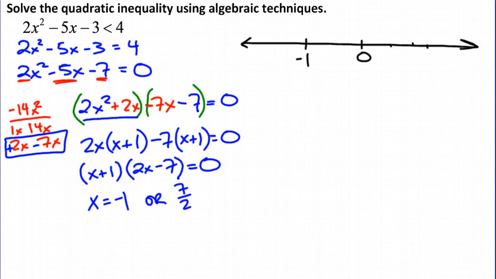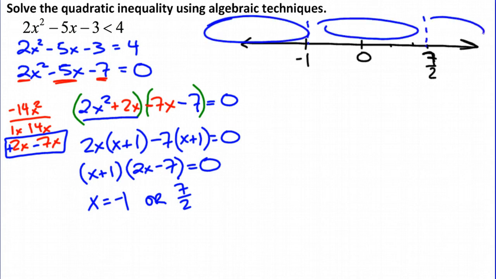And you've got a few points here, and there's 7 over 2 as an estimate. And we say that these two values cut all of the numbers into 3 sections. You have a section back here, a section here, and a section here, which we're going to test values in to see which of those work.